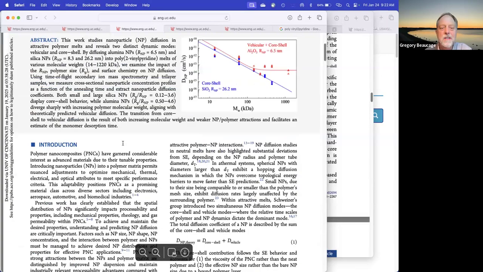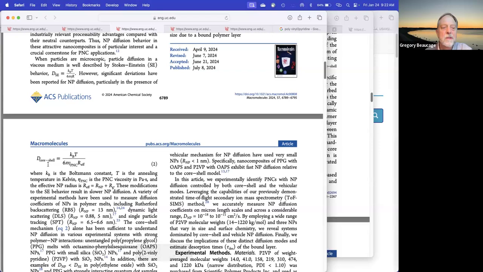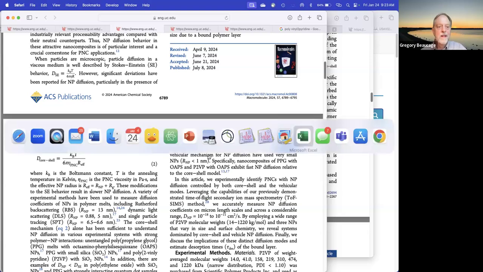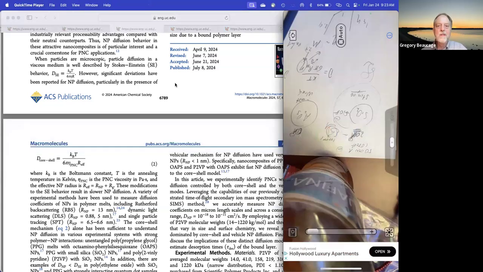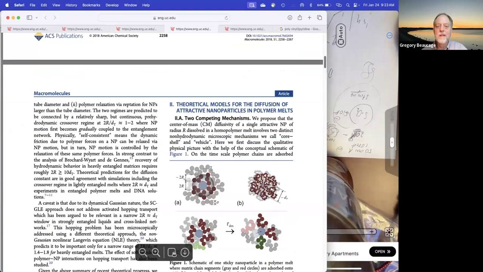The modification is that you take the Stokes-Einstein equation, and instead of using the size of the sphere, you have to include this idea of, oh, he shows it here. He takes the sphere and says some of the polymer chains stick to it, and the particle just carries those chains along with it.